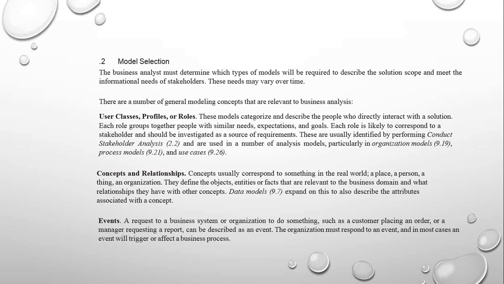Concept and relationship is nothing but this. First, always understand whatever we have identified as an object which we are going to use towards the domain, towards the business. We must understand that each concept has its own attributes.